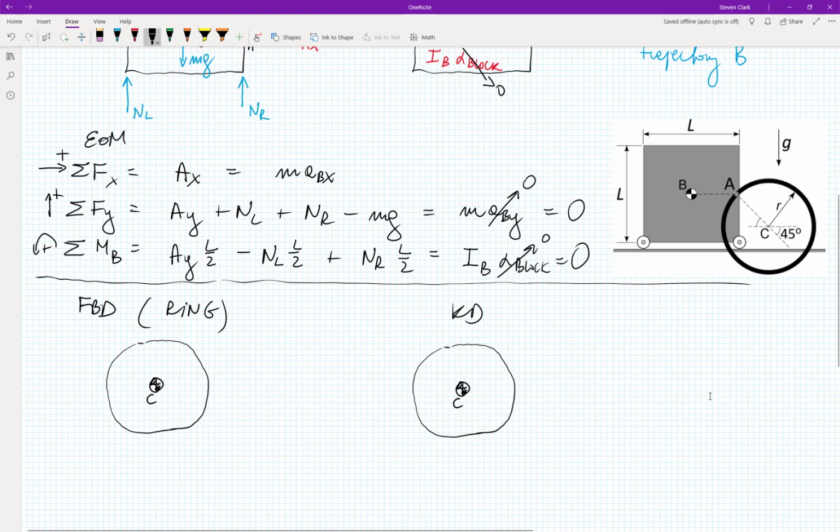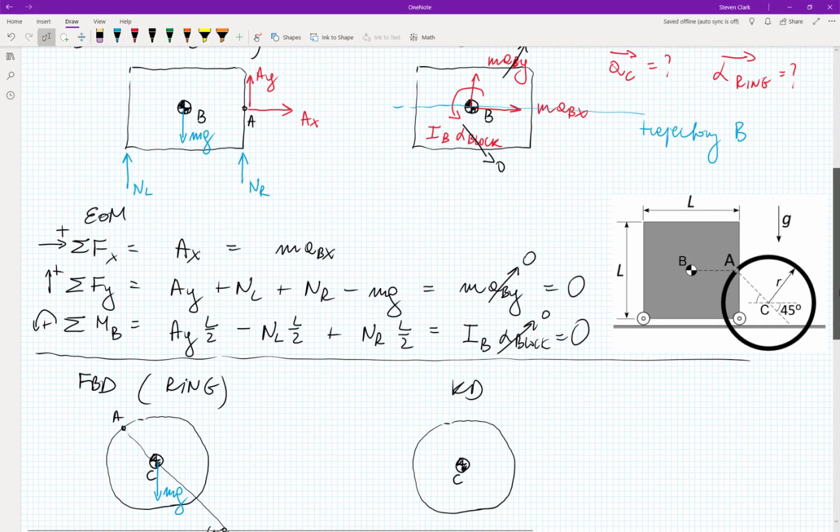Okay, what forces act on our ring? Definitely mg. And I think that there will be a reaction force at point A as well. Let me introduce that point A in here. This angle is 45 degrees, exactly what we see in this drawing on the right hand side, and point A is in here.